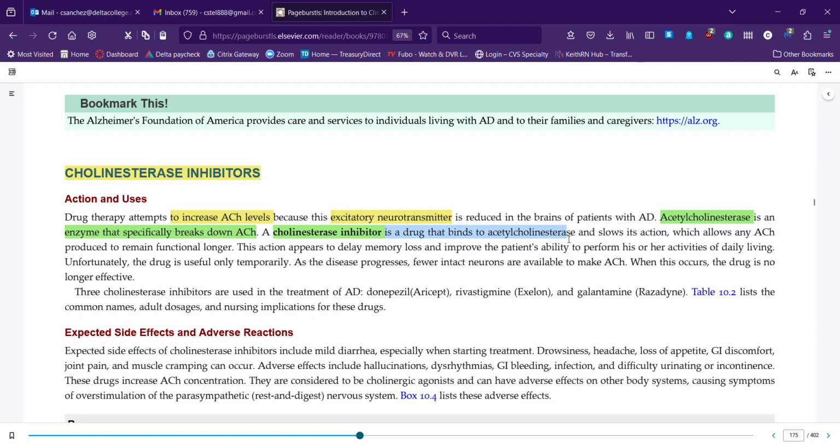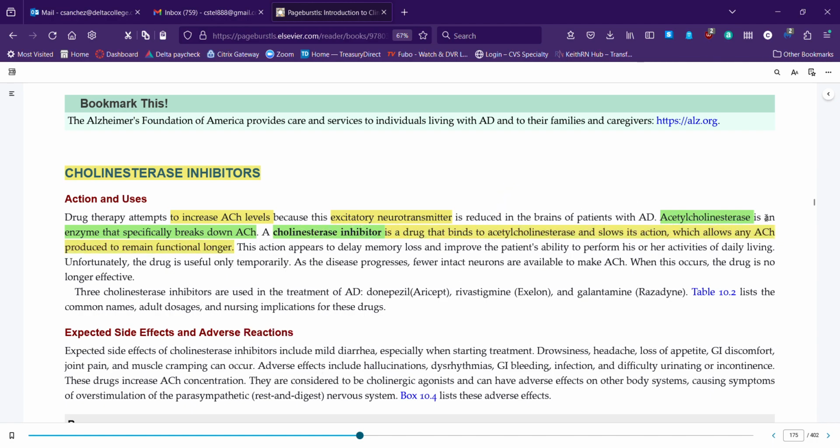Okay, so it says that this is a drug that binds to the acetylcholinesterase and slows its action, which allows any acetylcholine produced to remain functional longer.